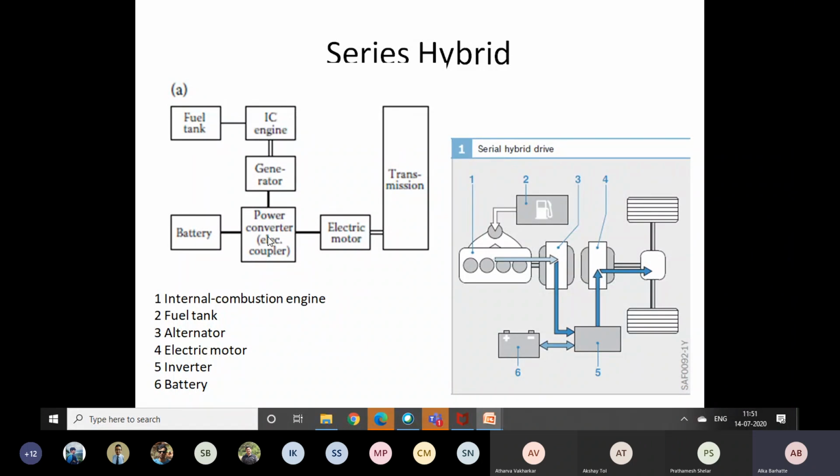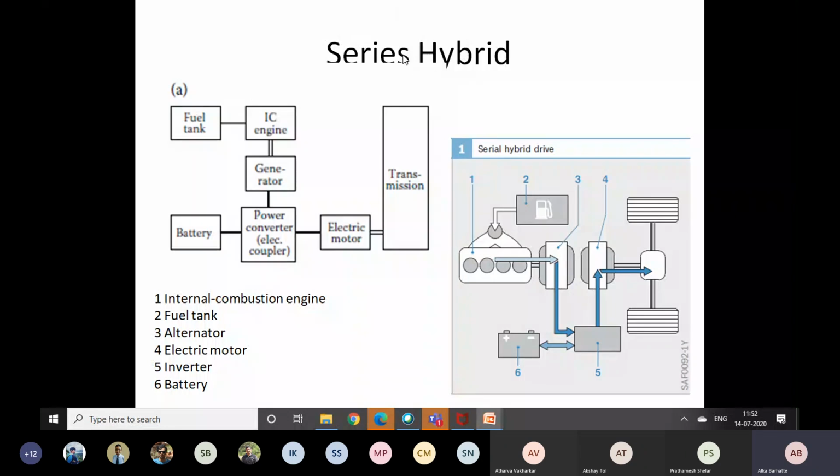This combines the power from the IC engine as well as from the batteries, and that combined power is given to the electric motor, which is used to drive your transmission. As the complete assembly of the electric motor is connected in series with the IC engine, it is known as series.